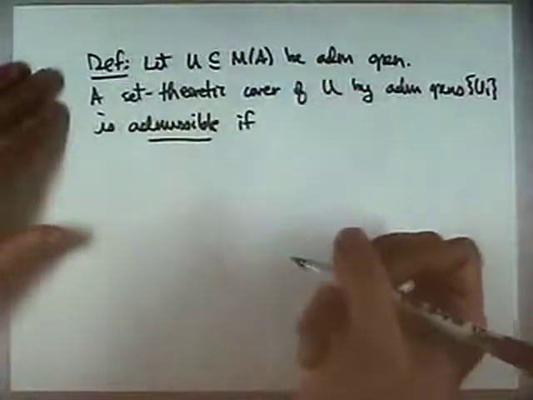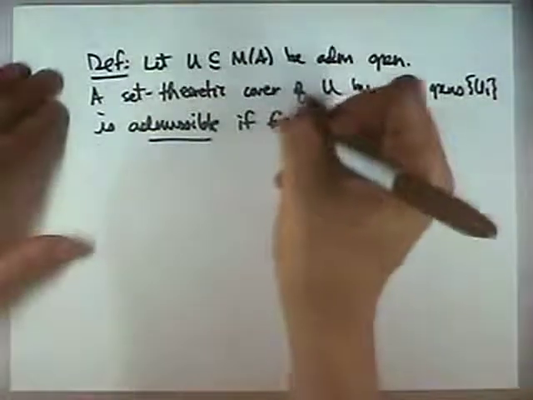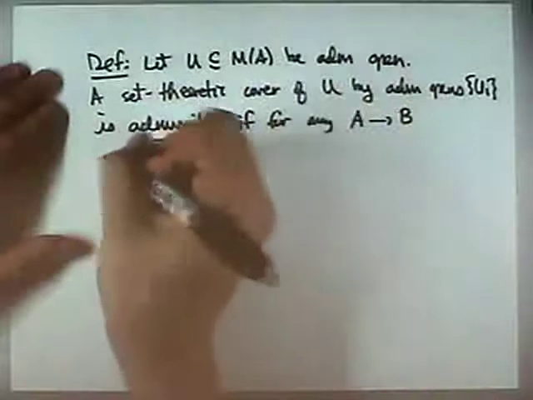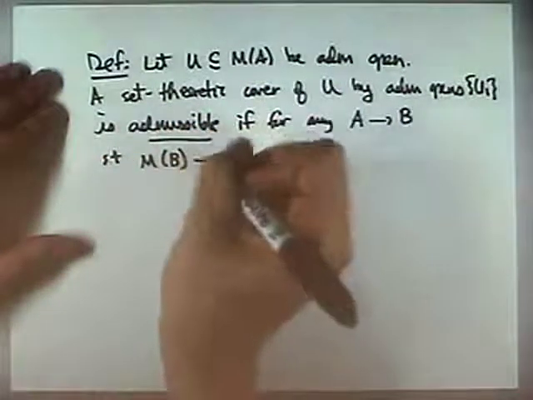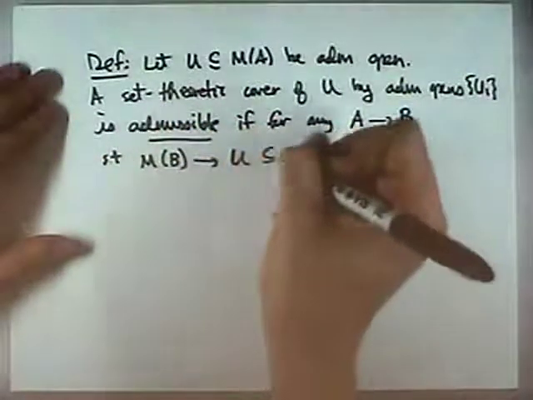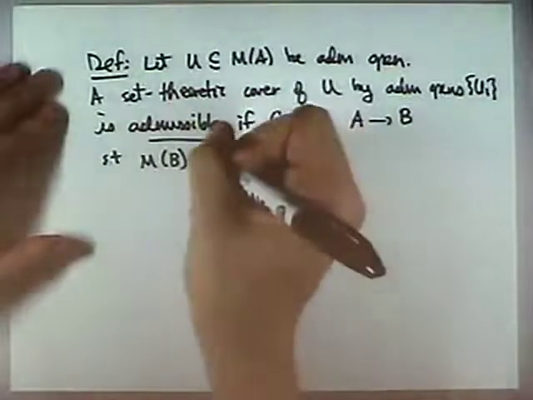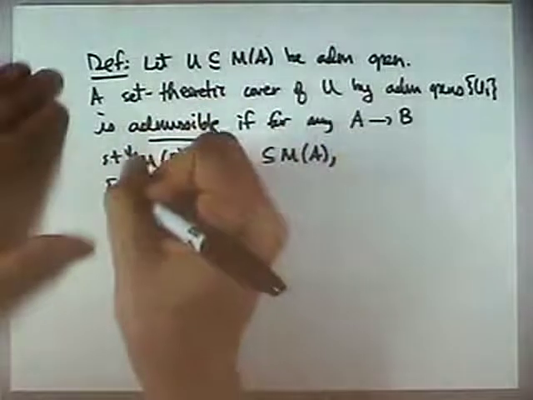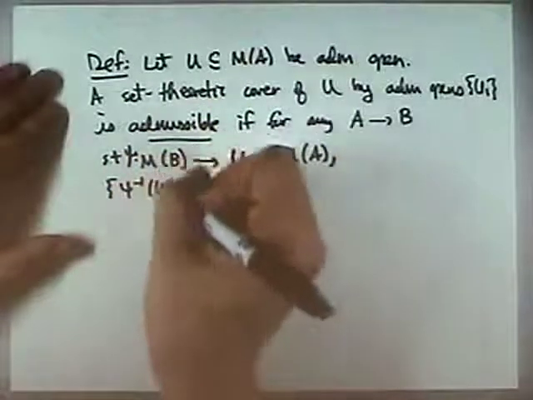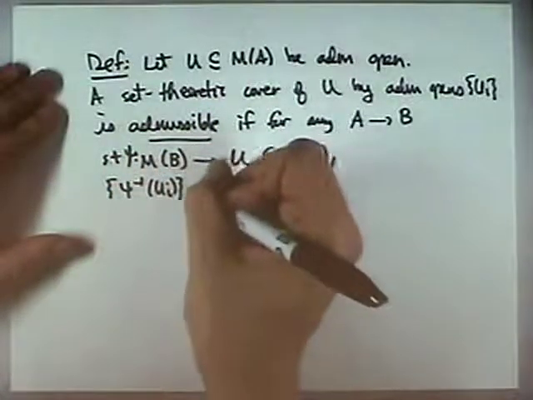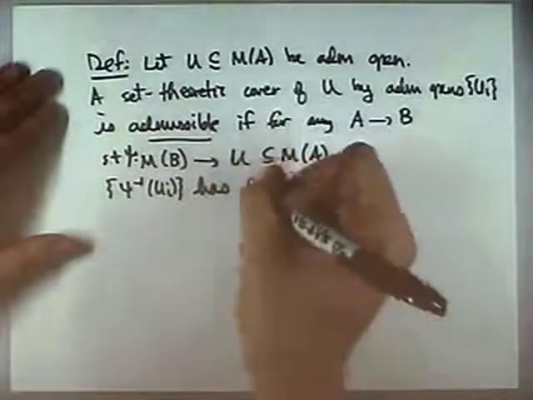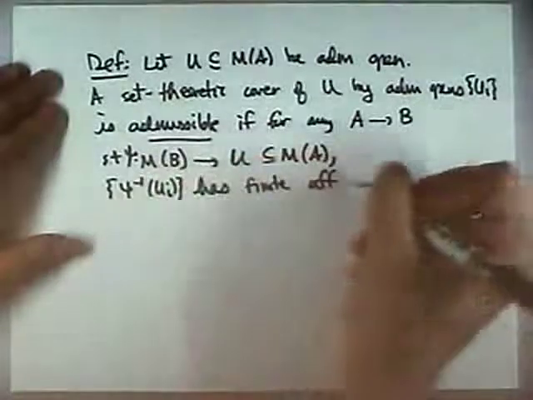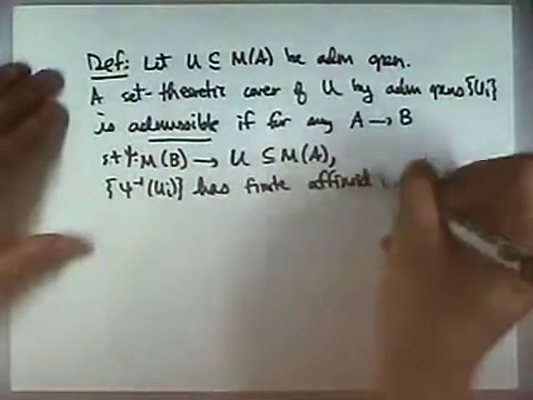Well, again, we're going to use kind of a test object criterion. Again, for any map of k-affinoids such that M(B) lands inside U, let me call this map psi. And now we impose this condition that psi of U_i can be refined, has a finite affinoid refinement cover. When I say affinoid cover, I mean by affinoid subdomains.